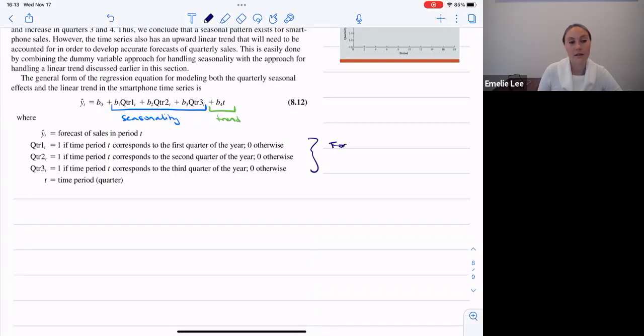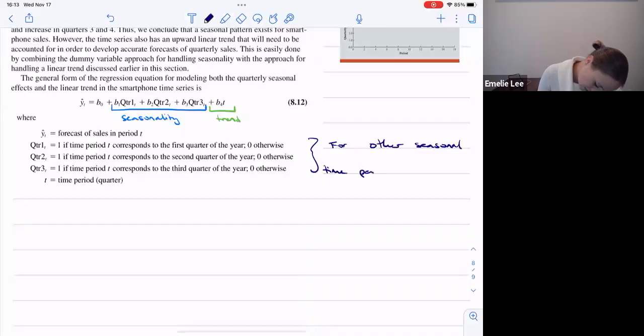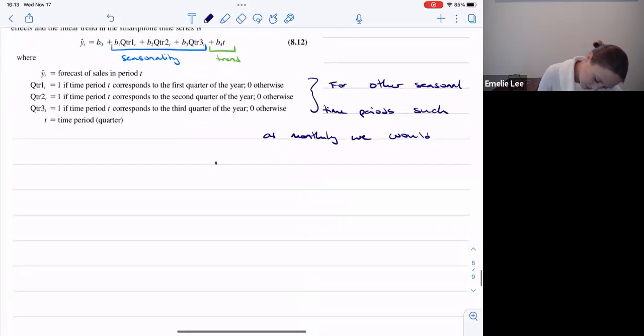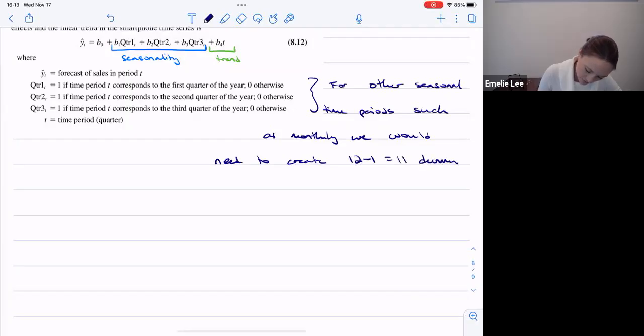For other seasonal time periods, such as monthly, we would need to create 12 minus 1, which is 11 dummy variables.